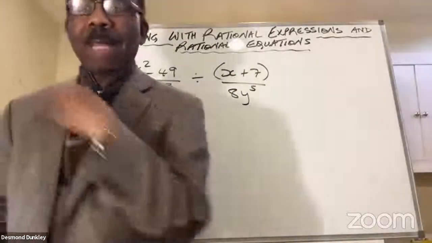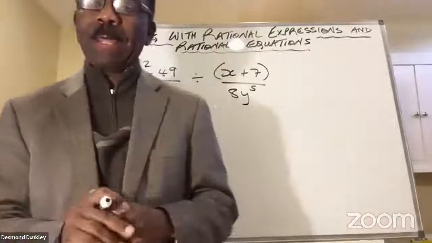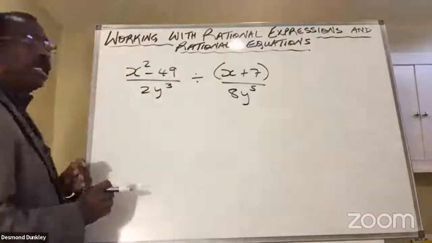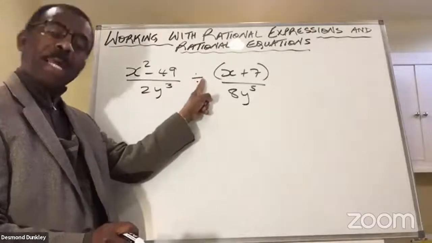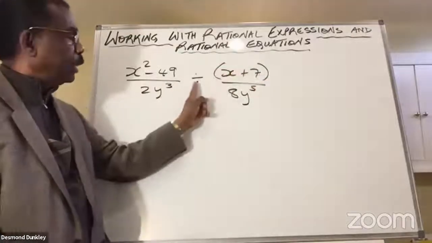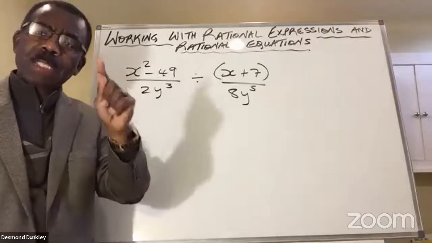We might have done an example like this last time, but that's okay. Nothing wrong with refreshing. So we discussed that whenever you divide by a fraction, we flip the divisor and change the division to multiplication.